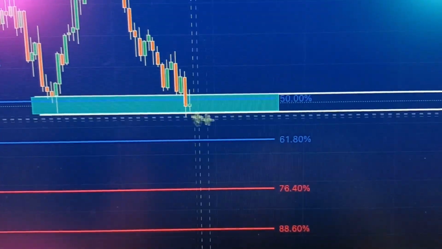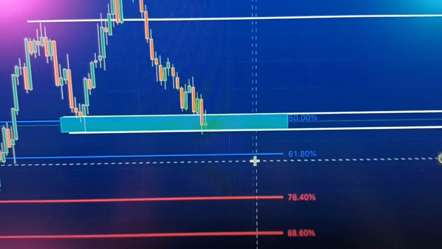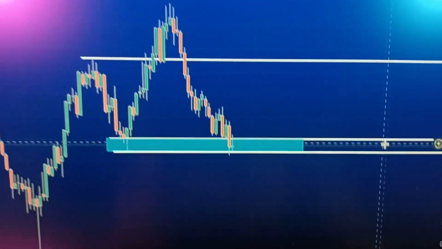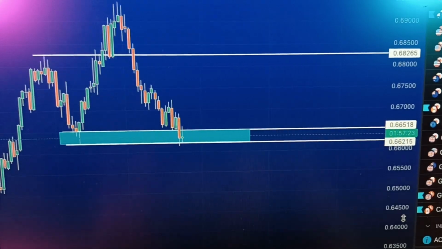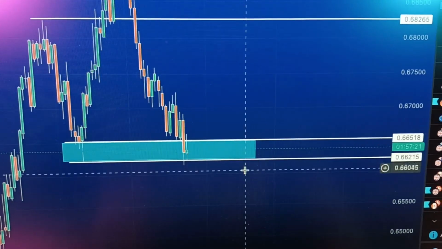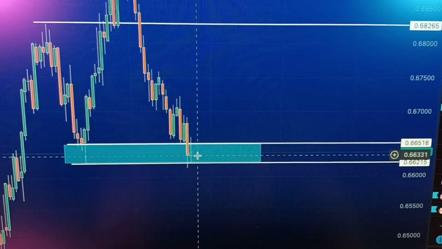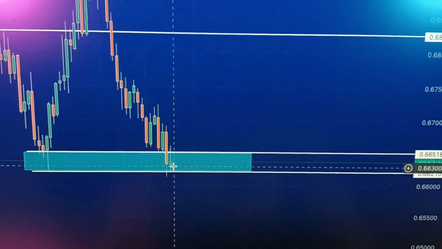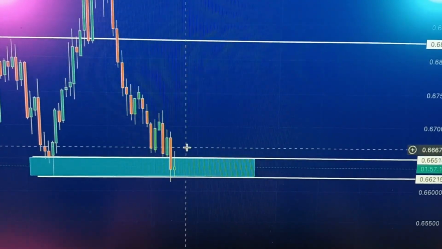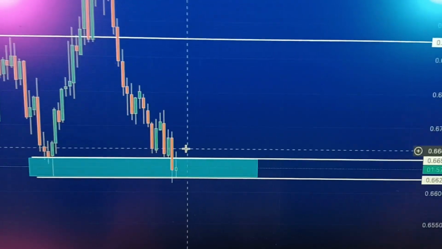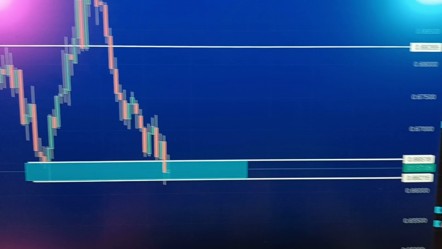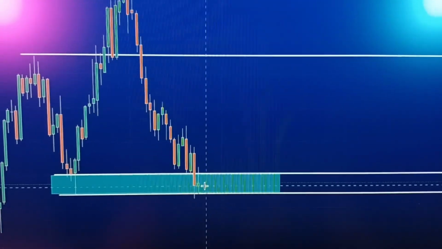AUD, nice turnaround candle on the daily. So I'm very curious. What you could actually do here is wait for the next daily candle to confirm this, right? Because this is still a little bit sketchy. I mean, it's a nice turnaround candle. I'm assuming this will hold, and then the next one to be green. But here in the AUD, what you could do is just wait for the next candle to close green.